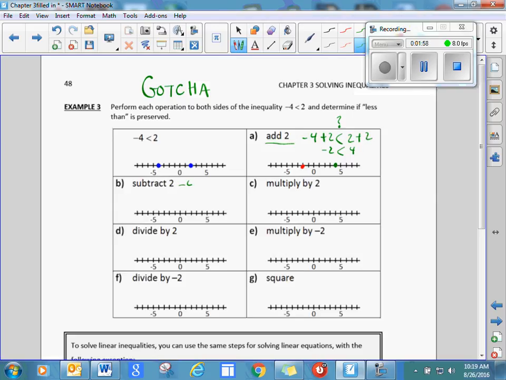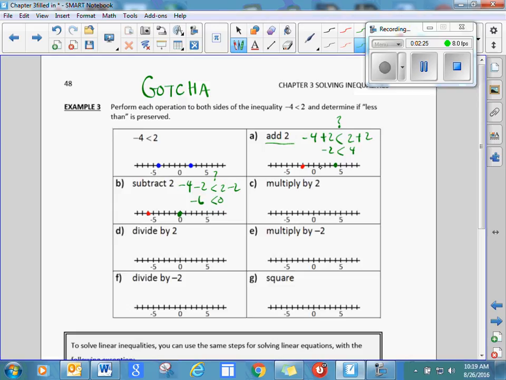If we take -4 minus 2, is that still less than 2 minus 2? And we get -6 less than 0. Again, that's a true statement. The 0 is the larger number, the -6 is the smaller, the same order. So that seems to work.